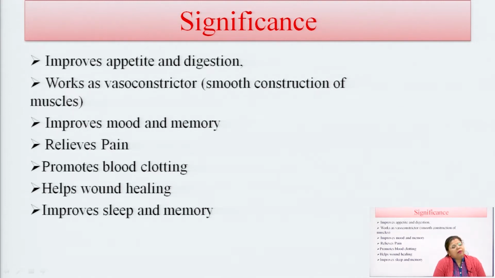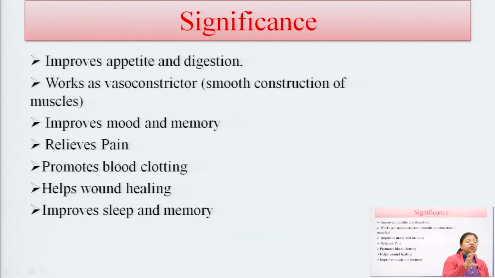Whenever there is pain in our body, serotonin helps to improve it, and it is also helpful for controlling blood clotting. Serotonin affects the different factors which help blood clotting, stimulates them to increase clotting, and helps in wound healing.